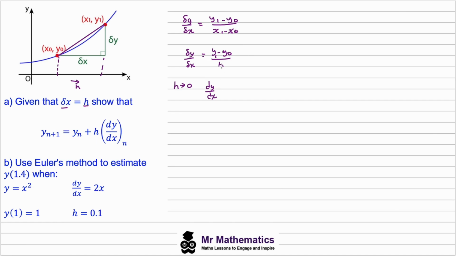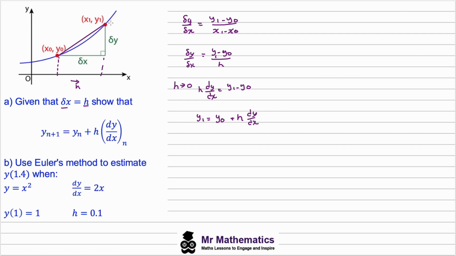And then we can move this h on the right-hand side to the left-hand side, and this will equal y1 minus y0. Then all we need to do is move this negative y0 to the other side, so we get y1 will equal y0 plus h times dy by dx. And this will allow us to find the y value at this point using the gradient.